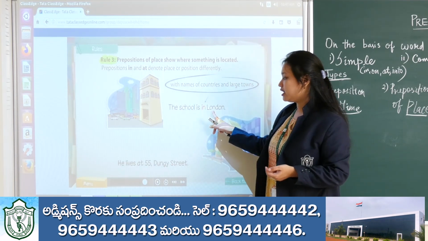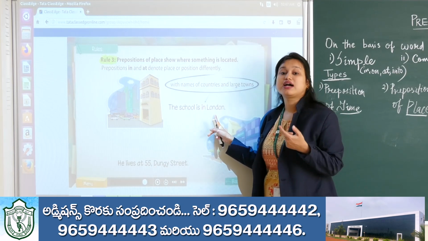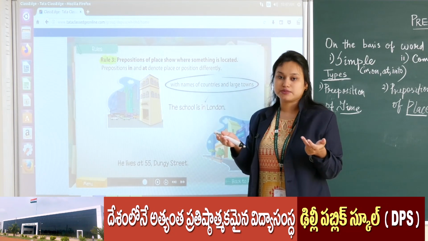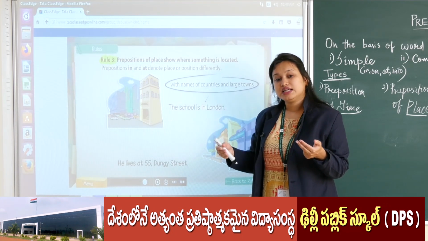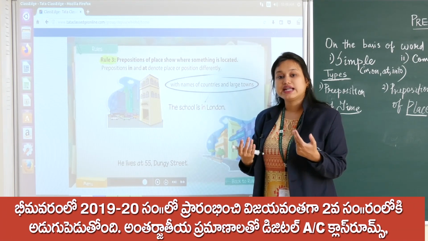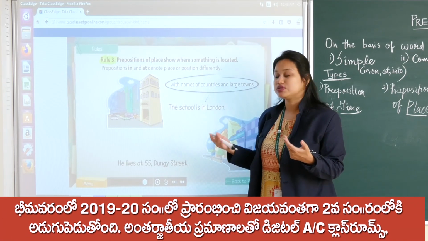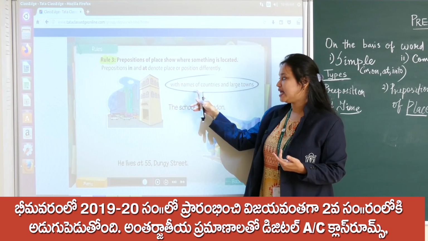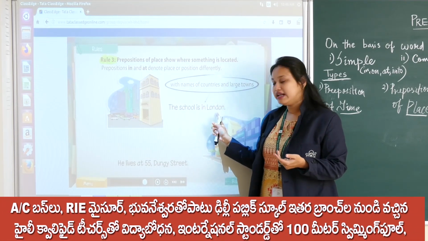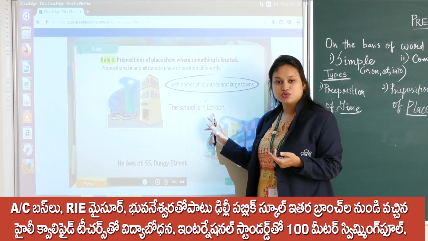But when we are talking about names of places or countries, if I say the multiplex is in Bhimavaram, I am talking about the name of a town, so I am using in there. With names of countries and large towns, we use in. Here, London is the name of a country, so it is using in.